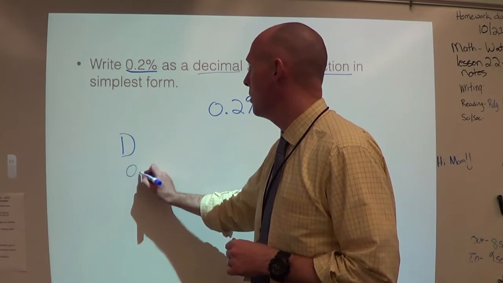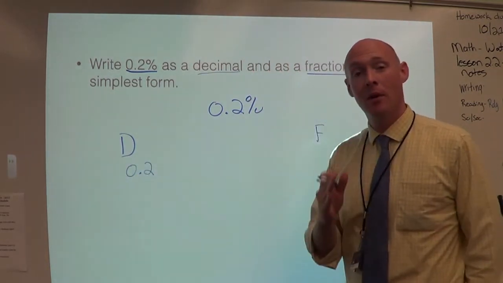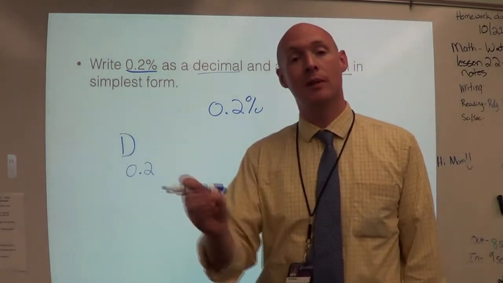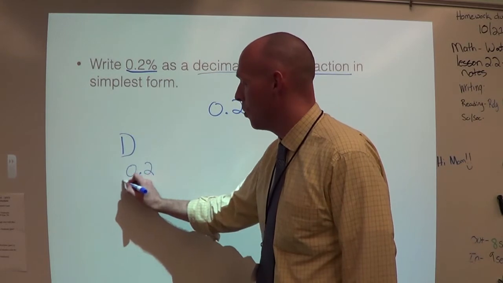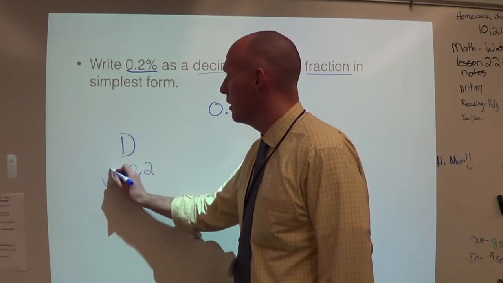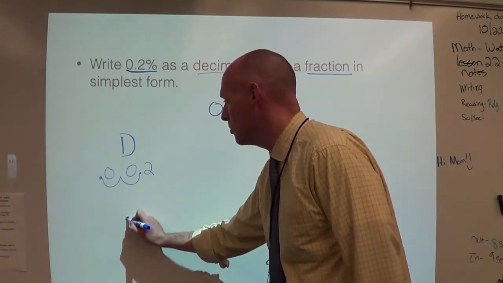If you remember, my rule to change a percent to a decimal is to just move the decimal point to the left, 2 spaces. 1, 2, add my 0, boom.